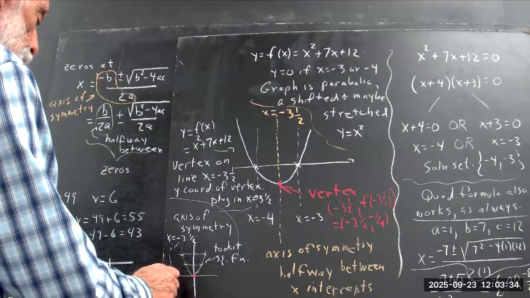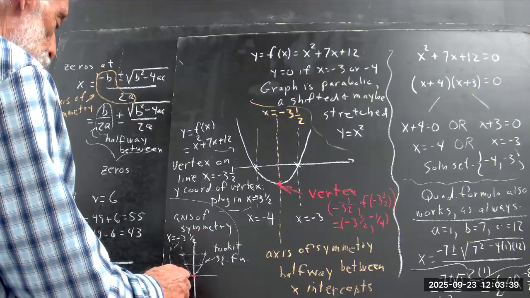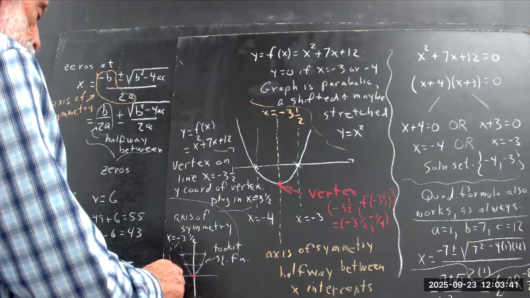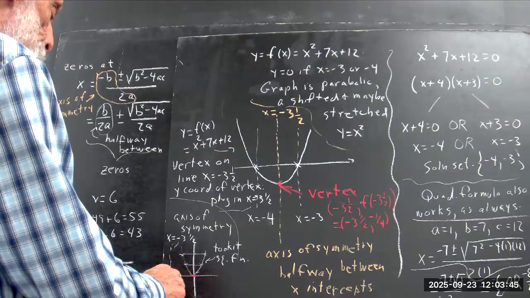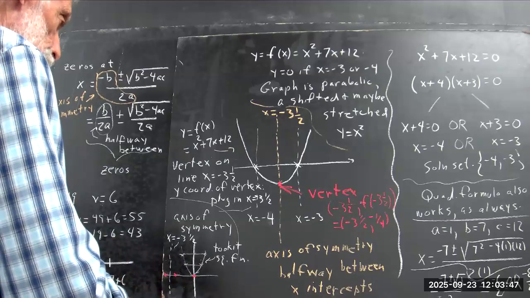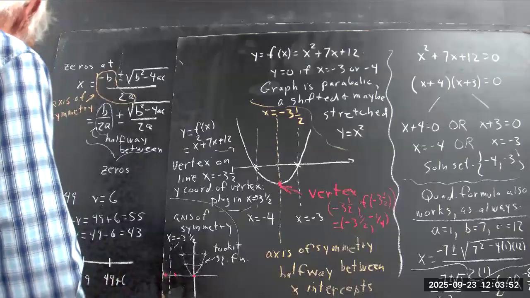And it has zeros at -4 and -3. So its graph is going to look just like this one. I shouldn't have made those zeros red. I'm going to say red for the vertex. Let me fix that.